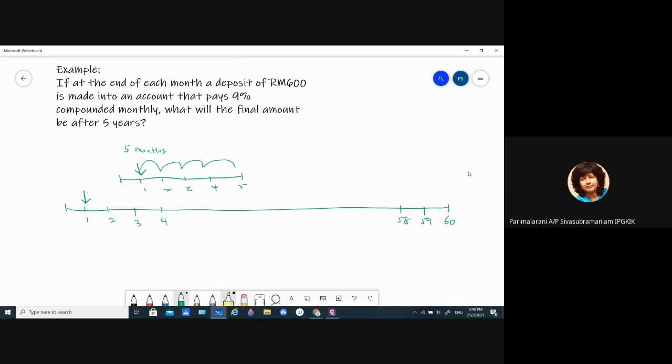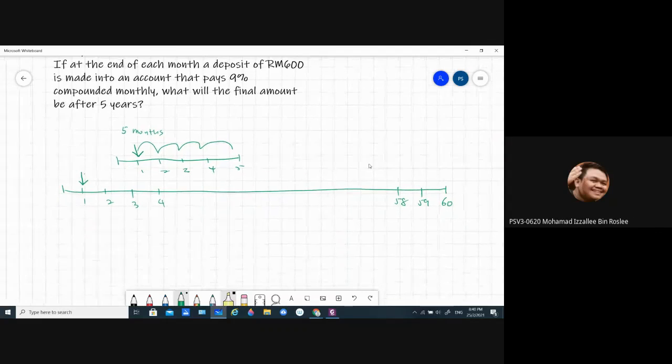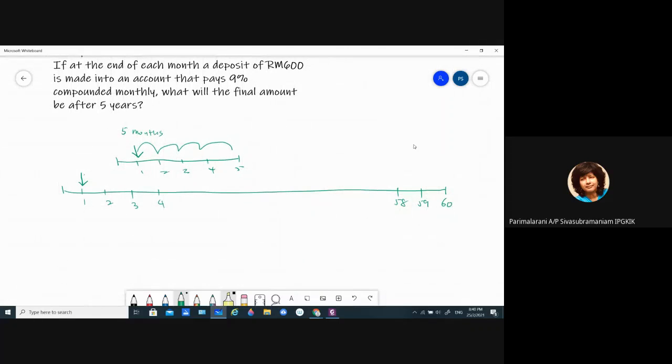So how many months will this payment stay in this account? 60 minus 1, 59 months. Yes, so the first payment will be in the account for 59 months.